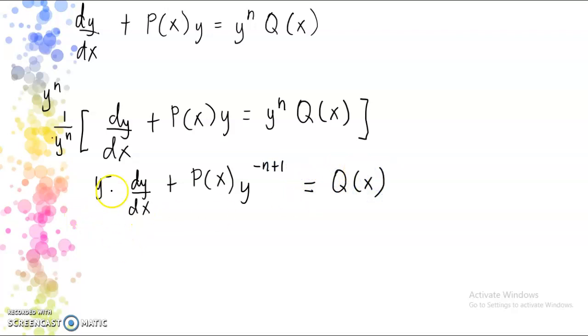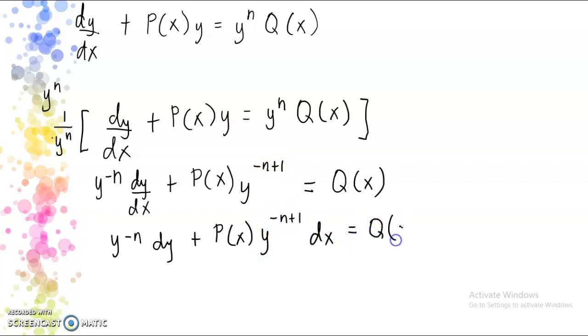Then we can simplify this as y raised to negative n dy plus p of x y raised to negative n plus 1 dx equal to q of x times dx.